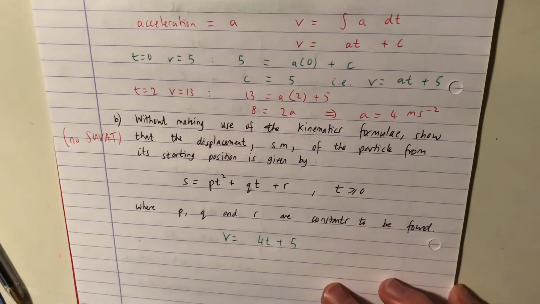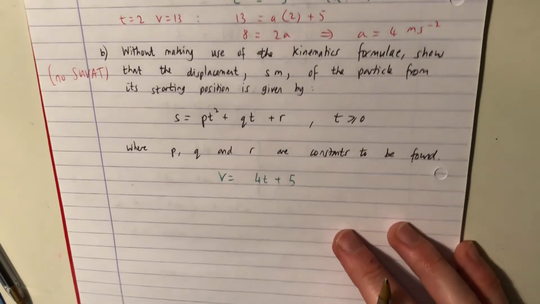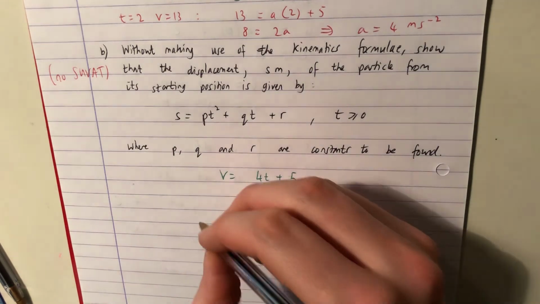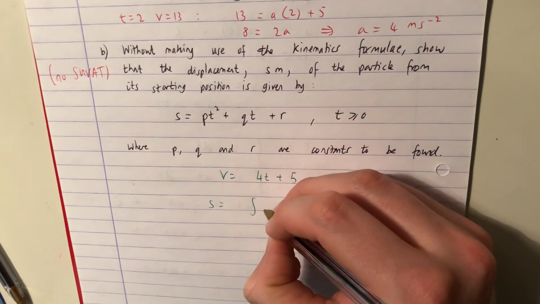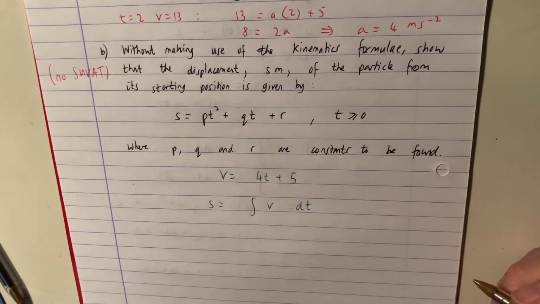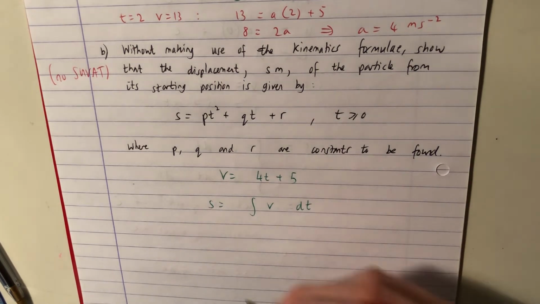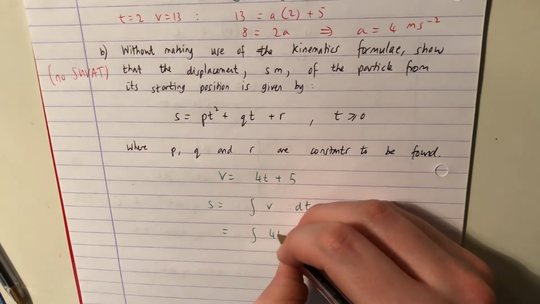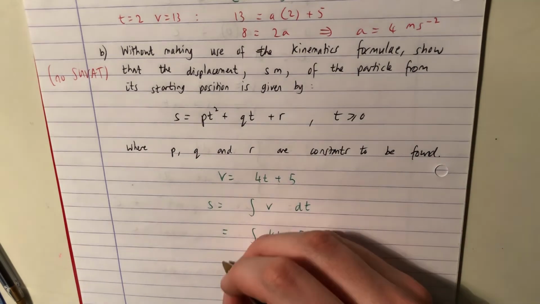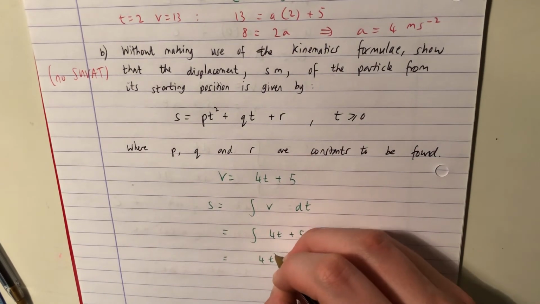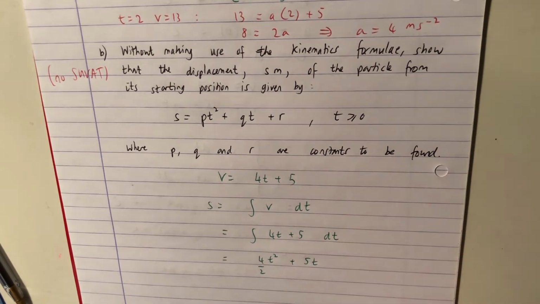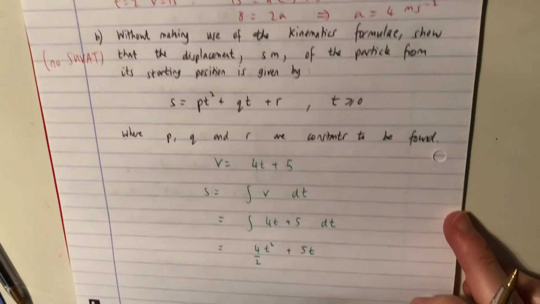And then to get displacement from that using just calculus, you'd integrate. S would be integrating v with respect to t, and I'd be integrating 4t plus 5 with respect to t, which goes to 4t squared over 2 plus 5t, but remember the plus c.